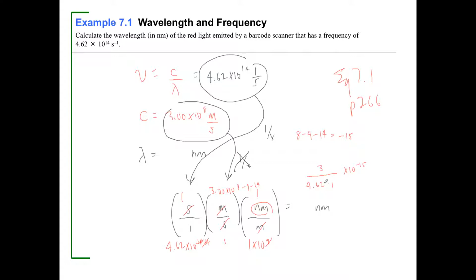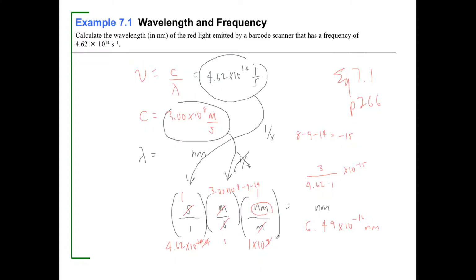3 times 10 to the minus 15 divided by 4.62 is equal to 6.49 times 10 to the minus 16 nanometers. Now, I got something wrong here, okay? I know I have something wrong, and here's the reason why.